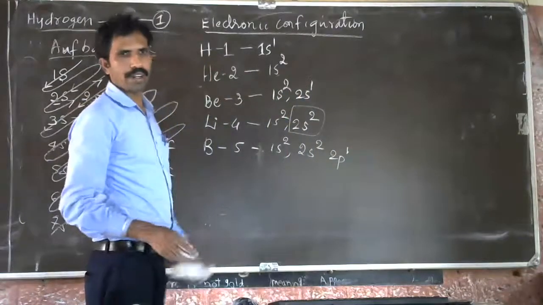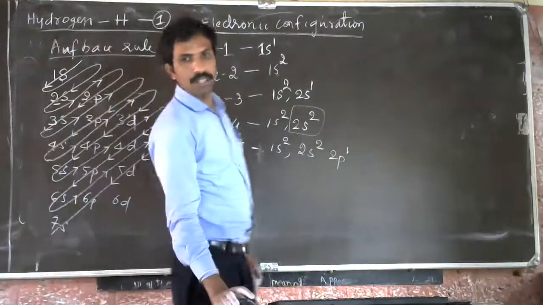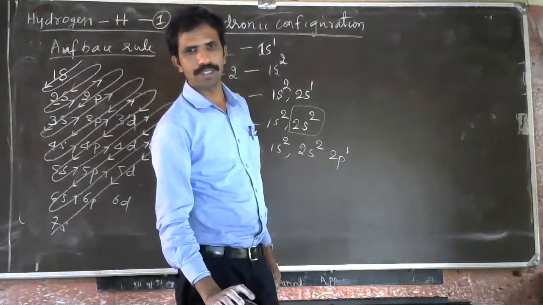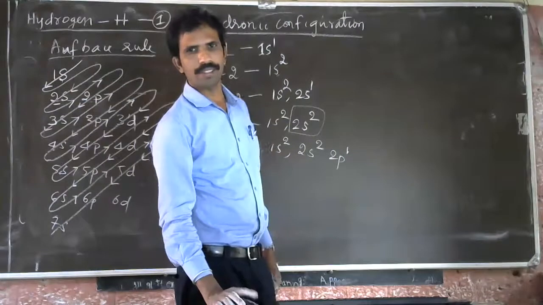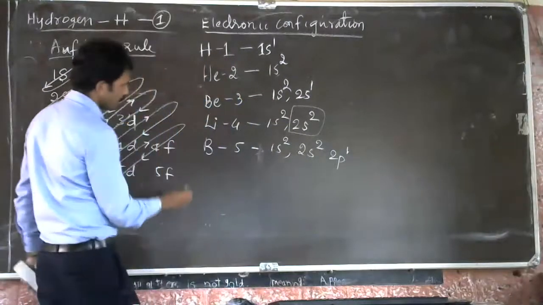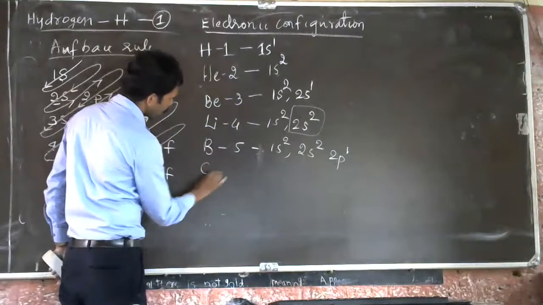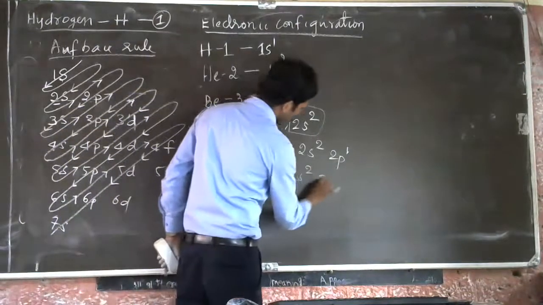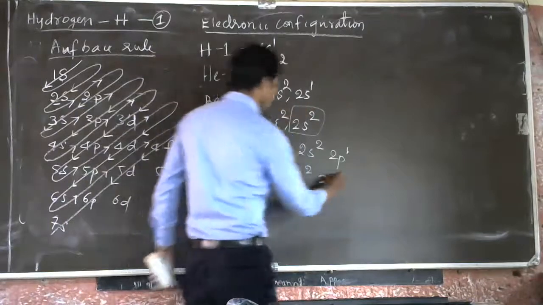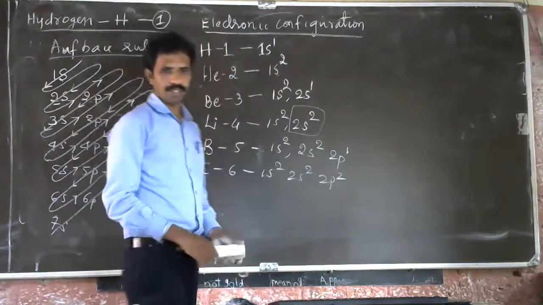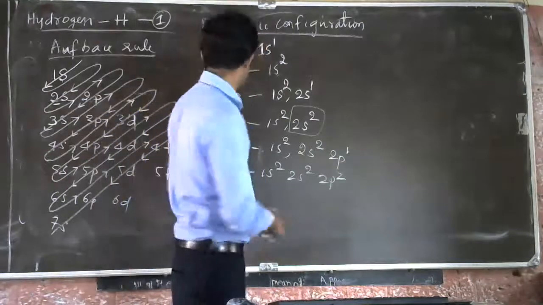I hope you are getting my point. Any doubts, please raise your hands. This concept is already studied, that's why I'm going fast. Then carbon. Carbon is 6. 1s2, 2s2, 2p2. Understood?